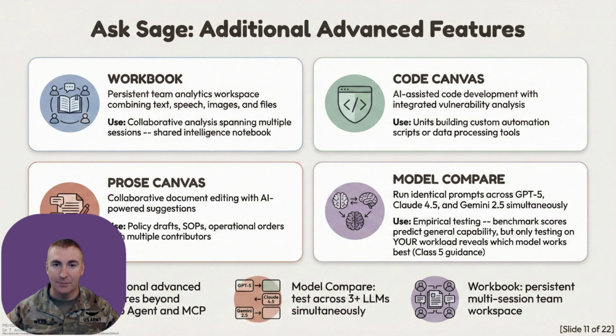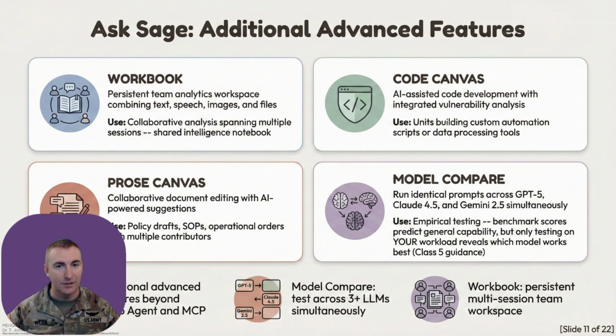It runs the same prompt across GPT-5, Claude 4.5, and Gemini 2.5 simultaneously. Remember Class 5. Benchmarks predict general capability, but only testing on your actual workload reveals which model wins. Model Compare makes that test trivial.